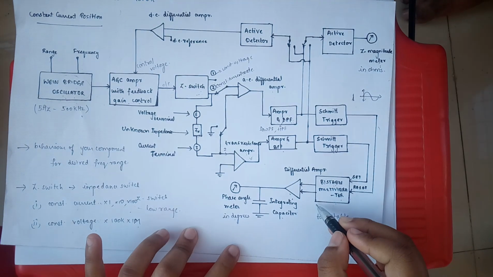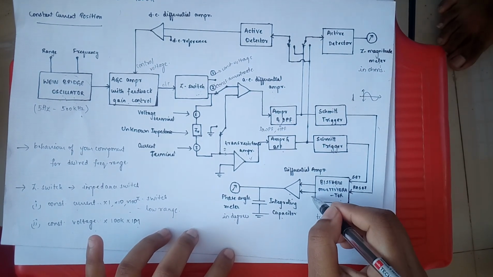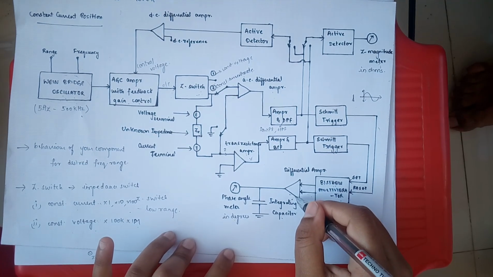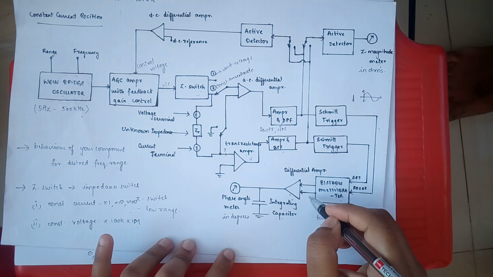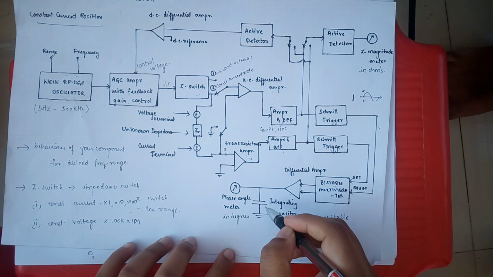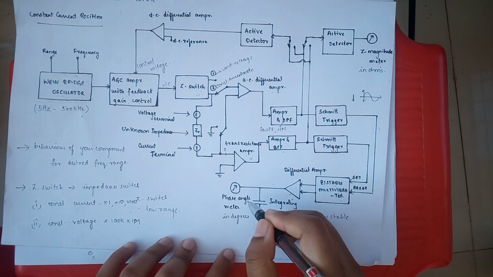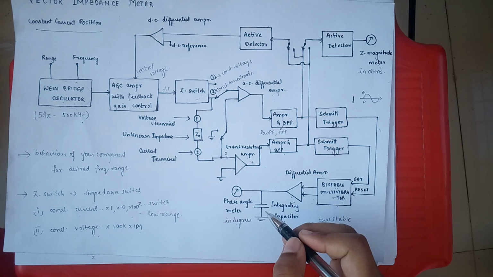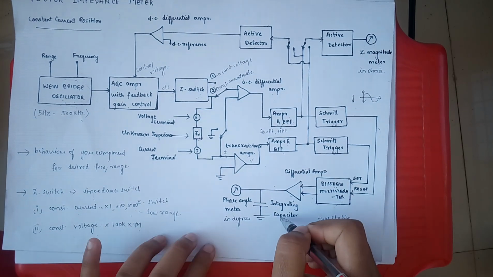Next, the bistable multivibrator produces two outputs, and then the differential amplifier here again produces an output which is proportional to the difference between the two inputs here. The integrating capacitor charges to whatever output voltage you get here, and then the phase angle meter gives you a reading proportional to the voltage to which this charges.